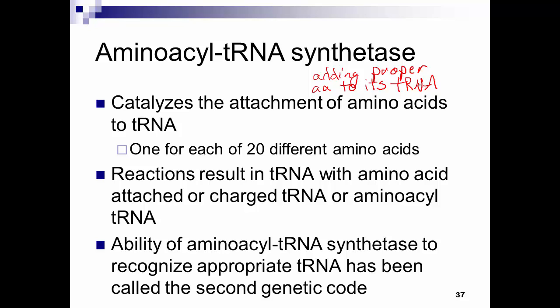So it's not as if tRNA is diffusing around the cell, amino acids are diffusing around the cell. They happen to run into each other and boom, an interaction is formed. There's an enzyme that's going to bring these together in their active site and do so very specifically. And so these enzymes number 20, one for each amino acid that's used to make proteins.